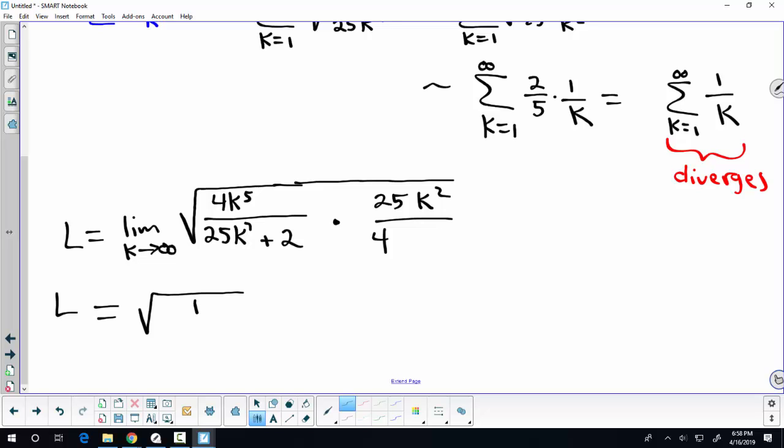Root 1 over 8? Yeah, what do y'all think? Oh, wait, no. The 25 is gone, the 4 is gone, we've got a k squared, k to the 5th, so let's take it one more step here.